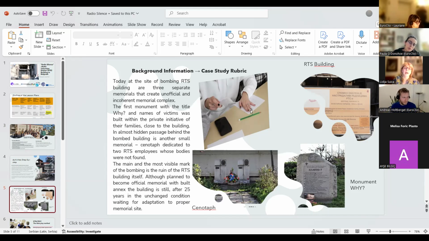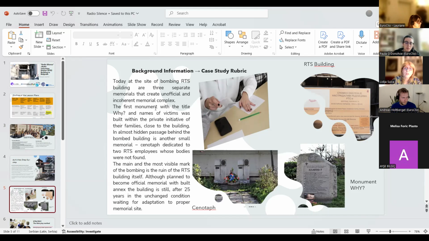I printed them out, these little handouts, and gave them something that is incorporated within every lesson plan. So this background information or case study rubric, they got this paper, and they just read about what actually happened during this event.